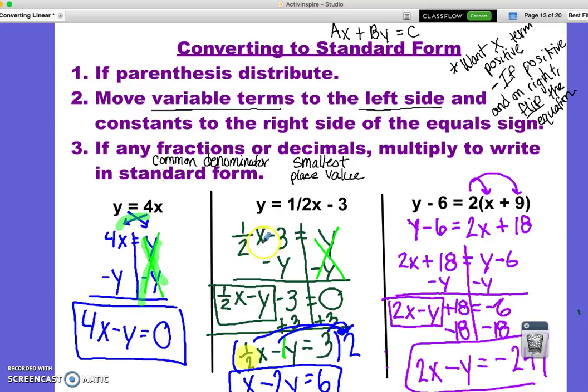Here I have 1/2 x, and then I'm just going to write minus y, and then that minus 3 still has to come down. I'm going to rewrite it this way first, keeping the x and the y, or the variable terms, together. Then I have a subtract 3, so I need to add 3. That would be me moving the constants to the right side of the equal sign. So add 3 to both sides.